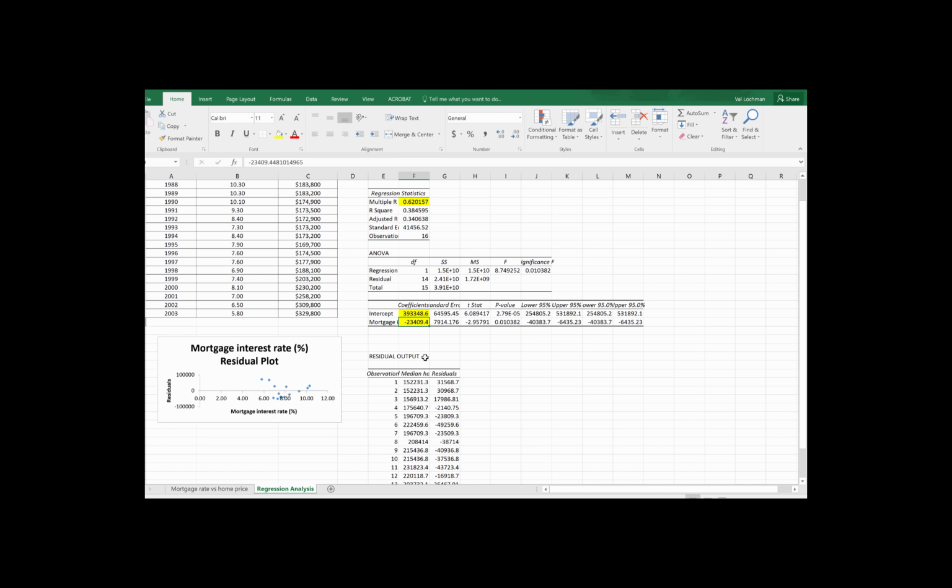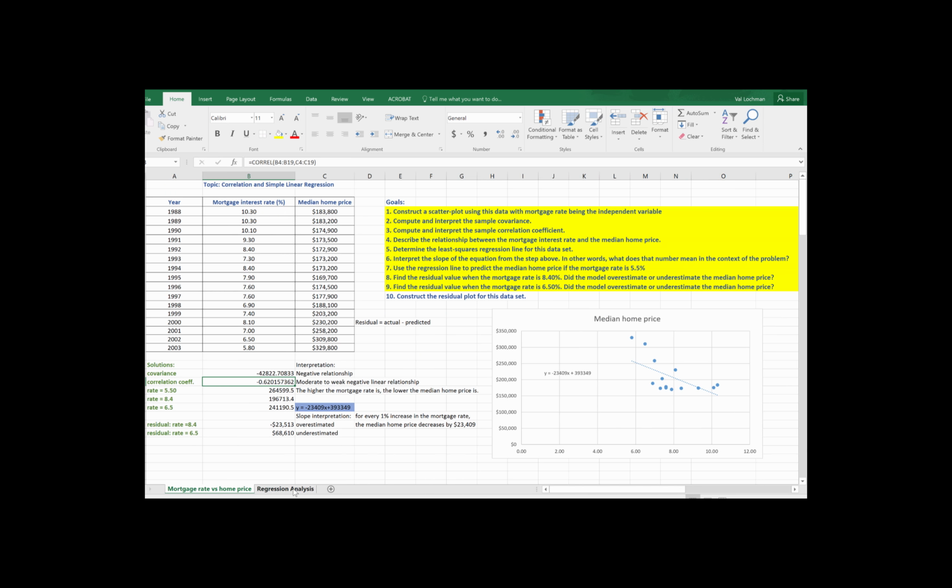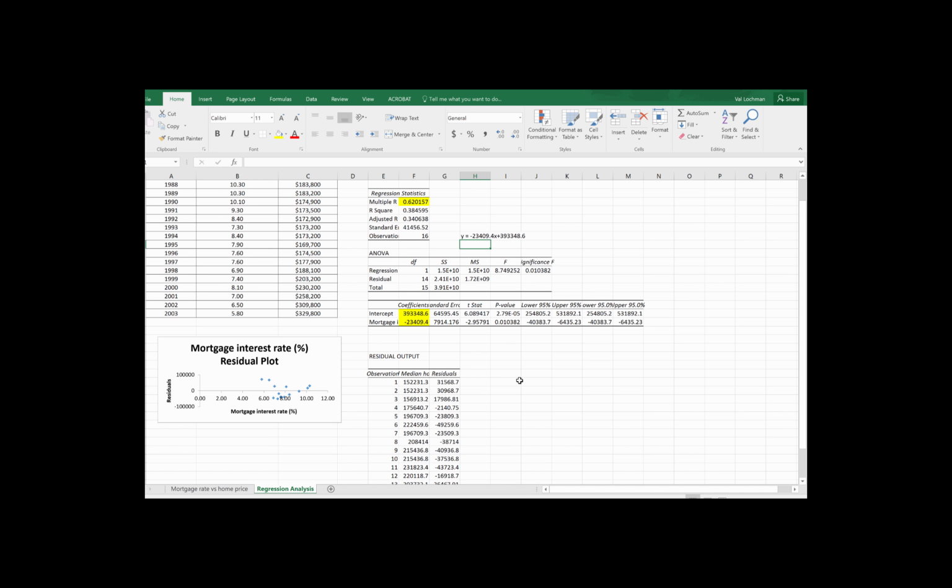So this is how you would read this data. You would read this output, say, okay, that's the value of the slope that goes with x. This is the y-intercept. So my equation is y is equal to negative 23409.4 x plus this value right here, 39334.86, right? So this is a little bit more exact than what we had over here. Okay, let's see. So that's your equation.